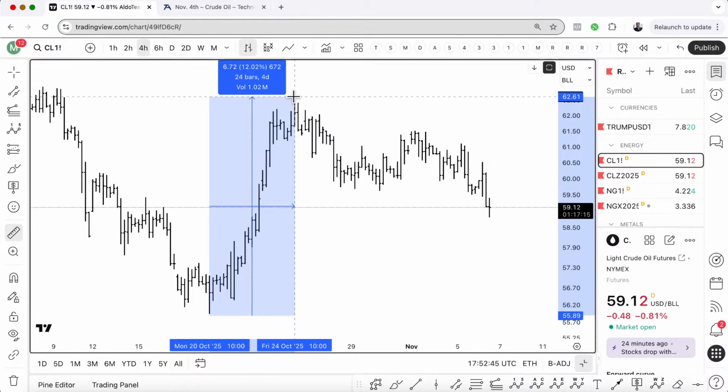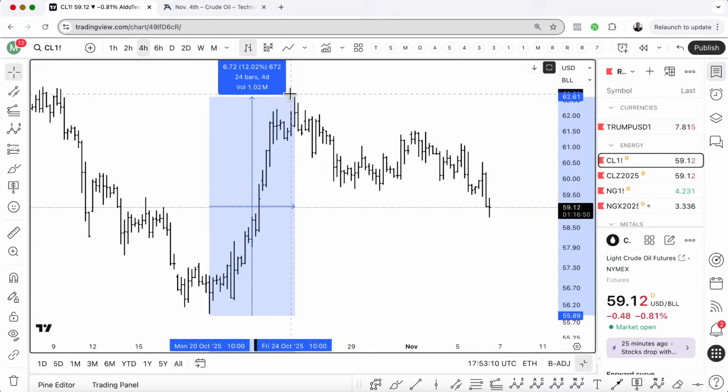And then you say, well, how many bars did it take this market to go from, let's say, 55.89 all the way up to 62.60? Well, it took it 24 bars, right? And it was $7, something like that.